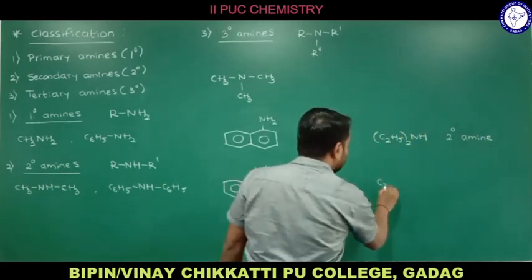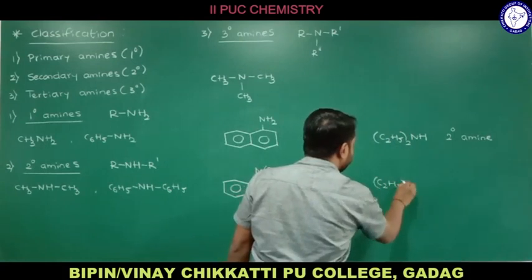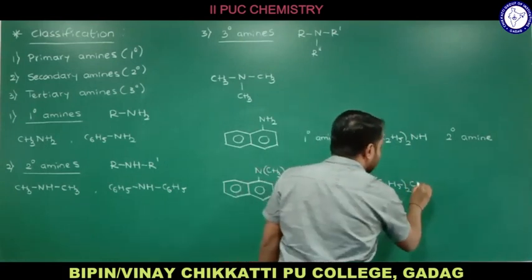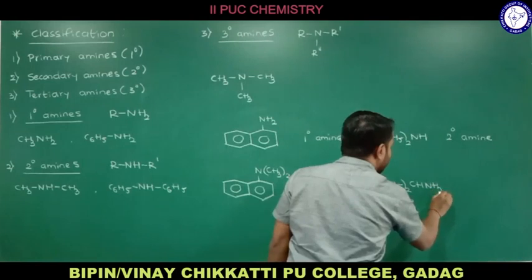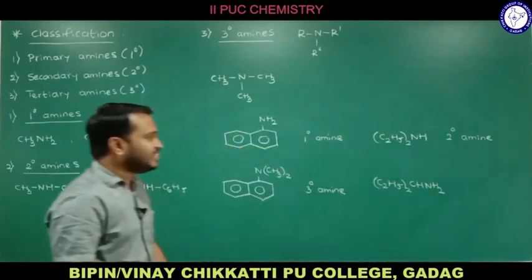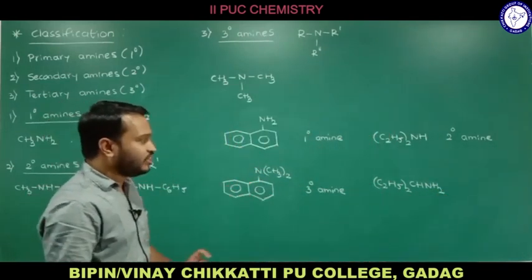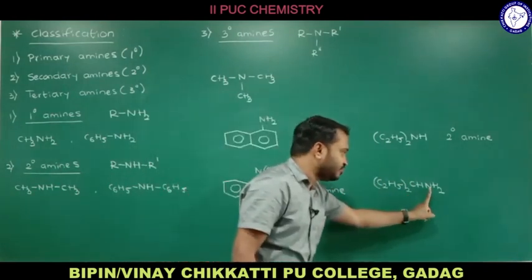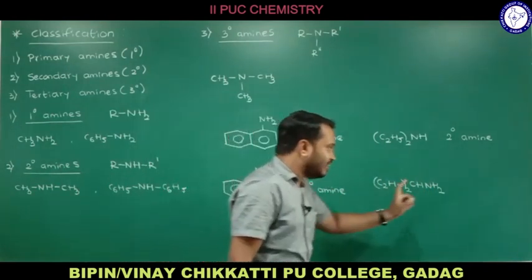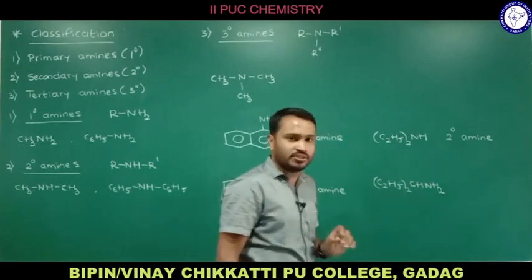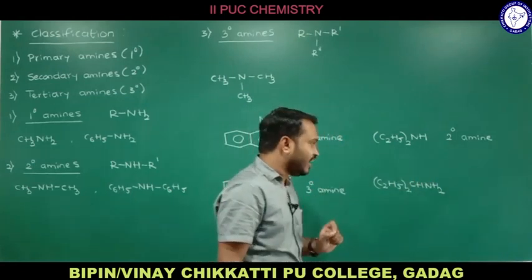One more example I consider, C2H5 twice CH and NH2. We'll see whether this is primary, secondary or tertiary, and see where we have nitrogen. We have a nitrogen over here, and for nitrogen we have two hydrogens already, meaning one hydrogen has been replaced.